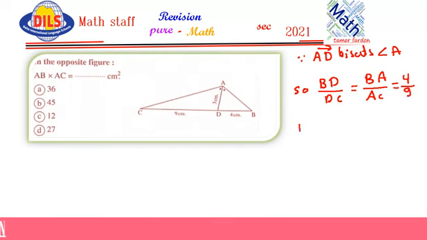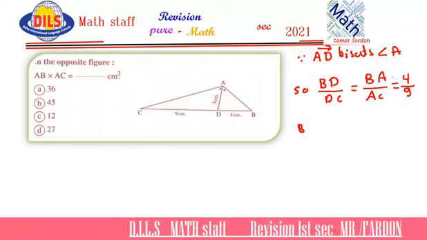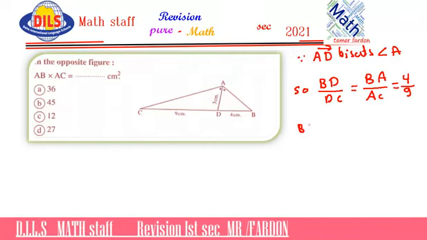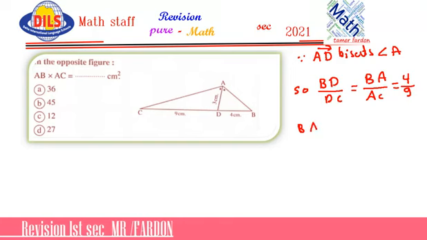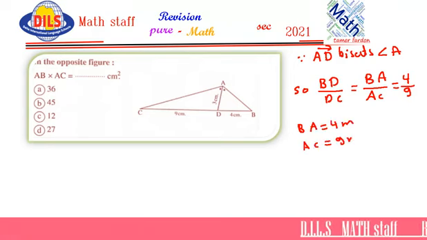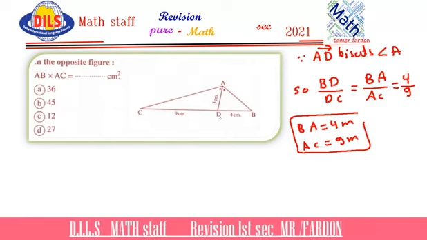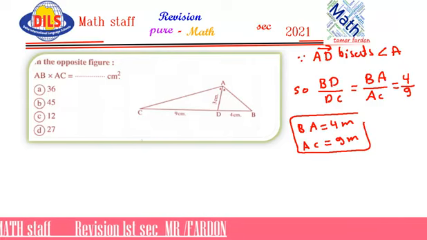So we can say BA equals 4m and AC is 9m from the ratio. But AD equals 3 centimeter.